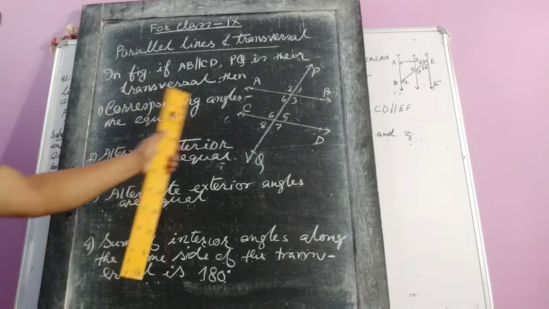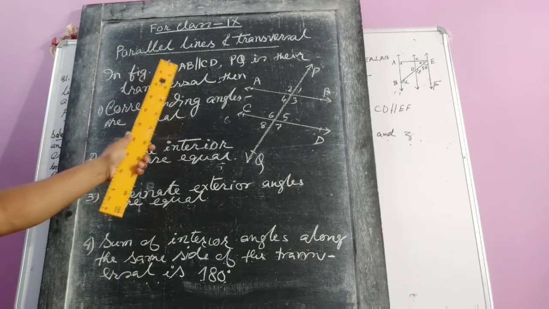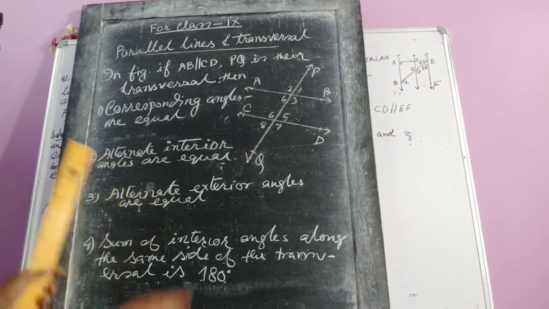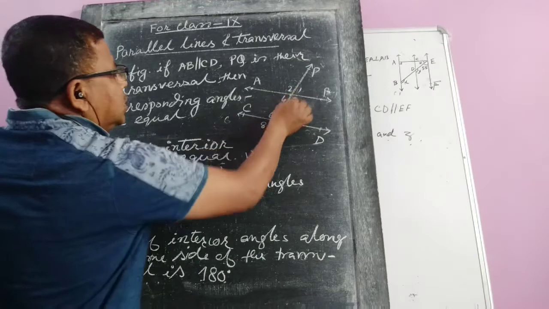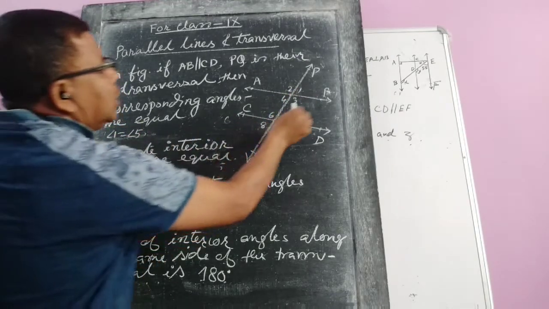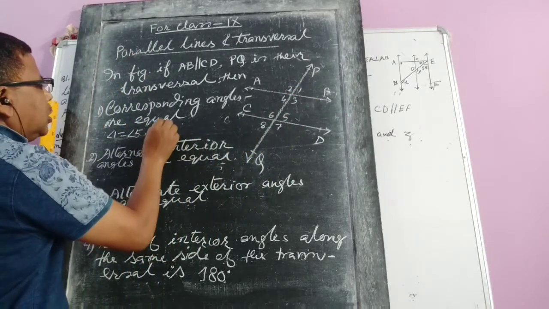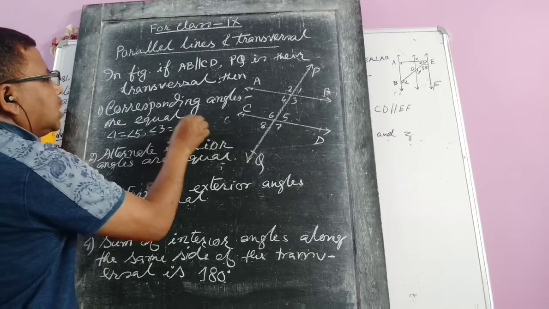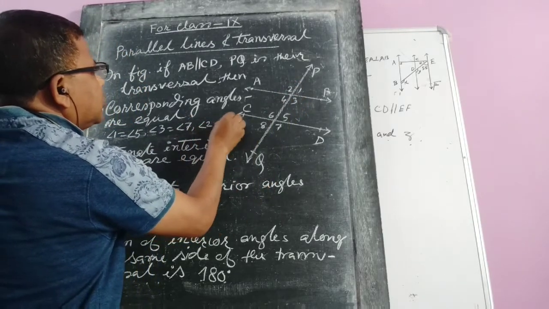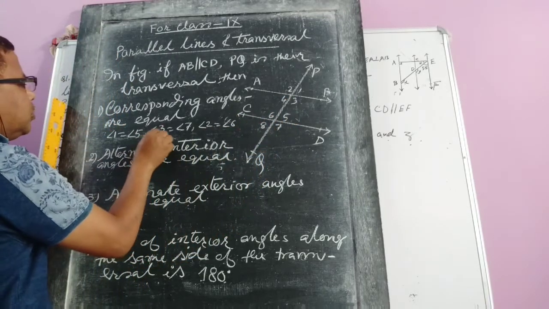Corresponding angles will be equal when, as I have written in the figure, AB is parallel to CD and PQ is their transversal. That means angle 1 is equal to angle 5, angle 3 is equal to angle 7, angle 2 is equal to angle 6, angle 4 is equal to angle 8.